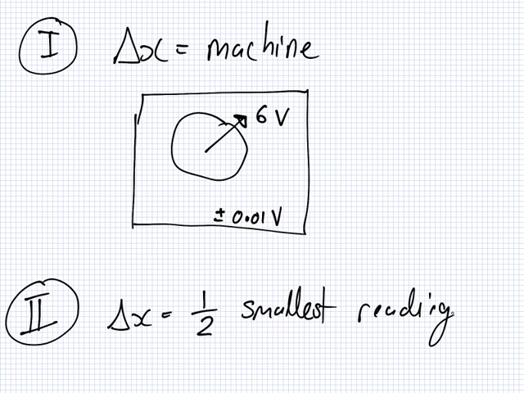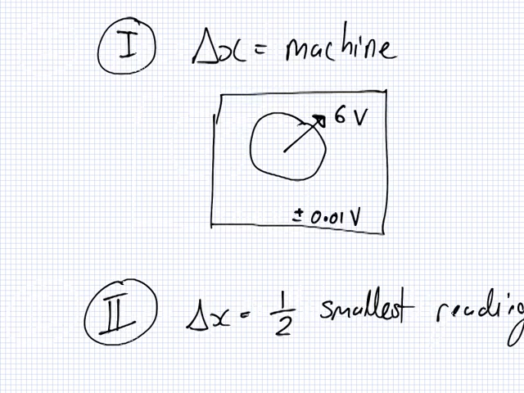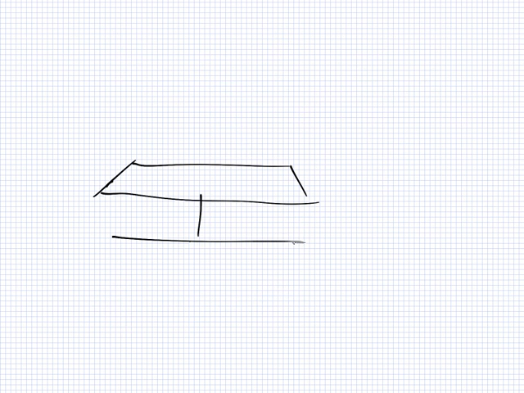So the four methods I'm going to show you, they get a little bit harder. So the second method is half the smallest reading. Yeah? Do you understand? No? Okay. So for example, let's say you have something like weighing scales, and here it's digital.